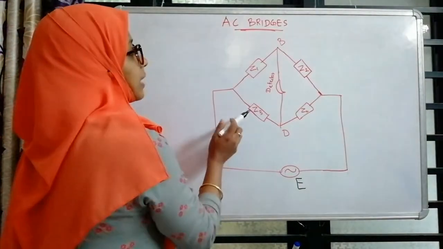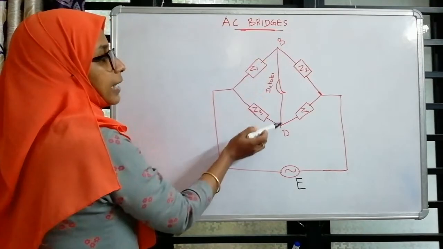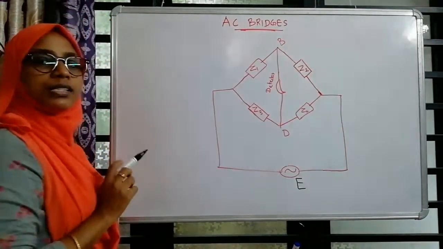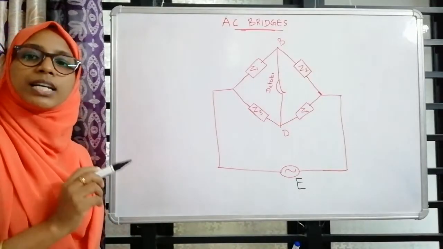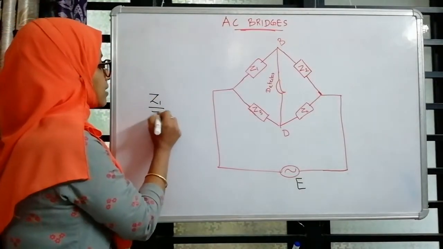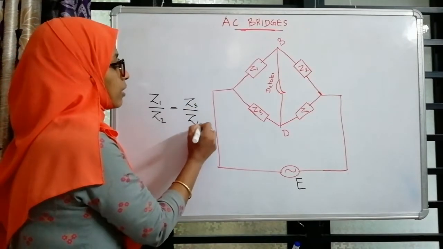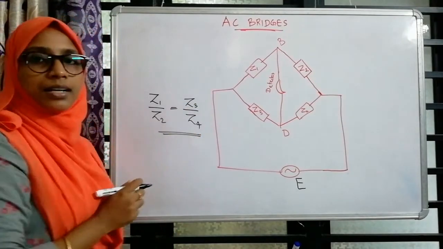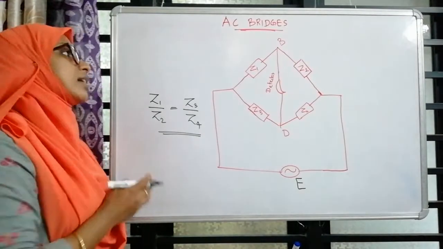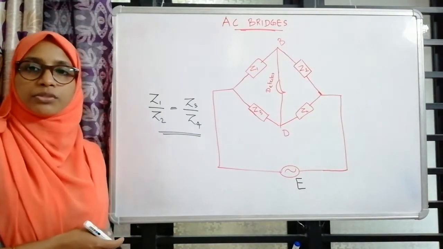So, the alternating EMF produced at the points B and D will have the same magnitude and direction when it is in that balanced condition. At that condition, we can say Z1 by Z2 will be equal to Z3 by Z4, which is the balancing condition. By using this theory, we can explain the AC bridges also.